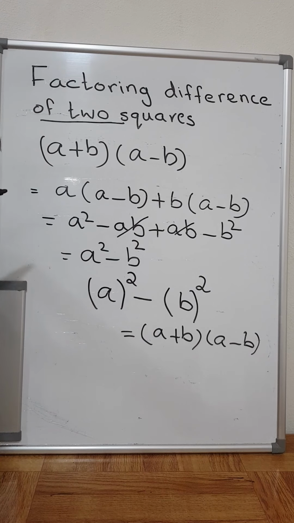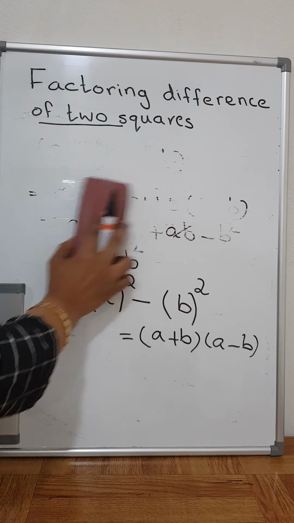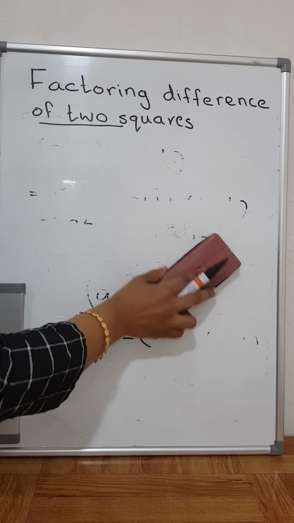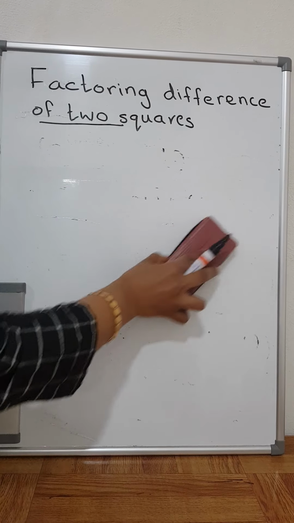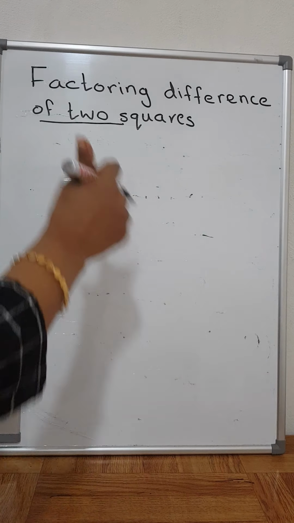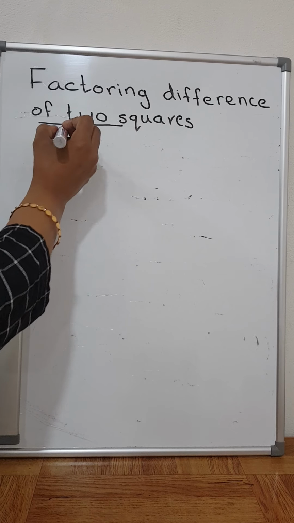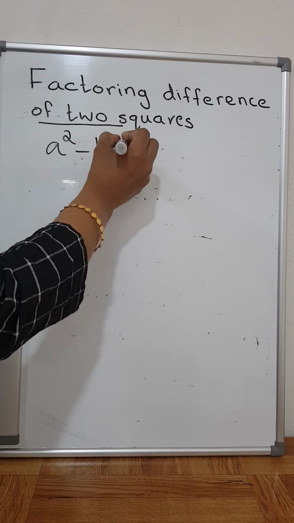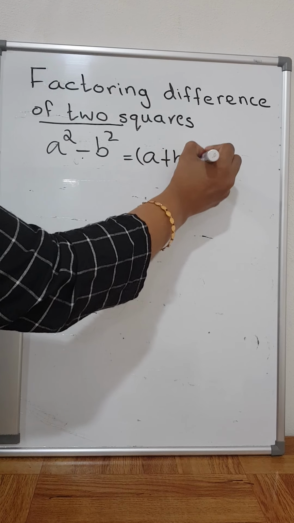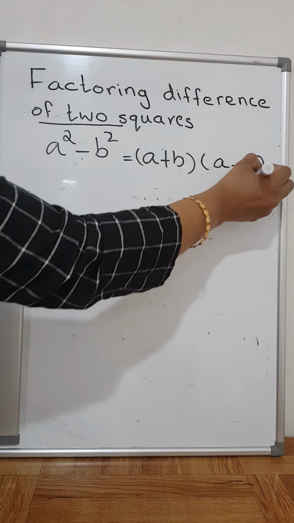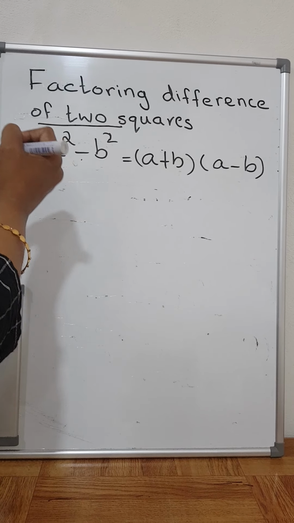Let's see some examples. So a square minus b square is equal to (a + b) times (a − b). This is our formula for finding the difference of two squares.